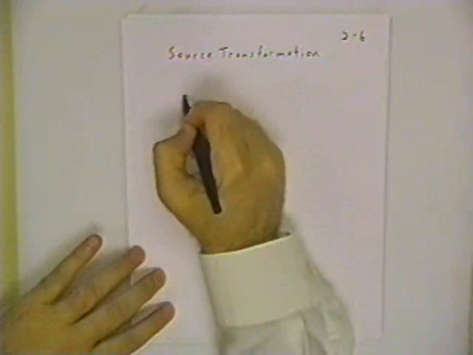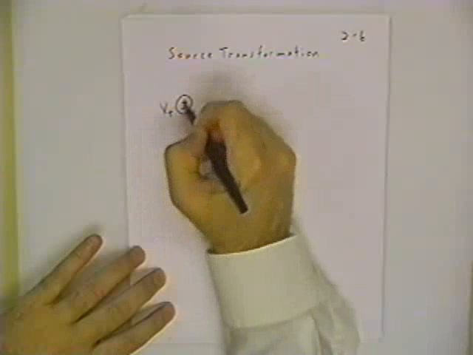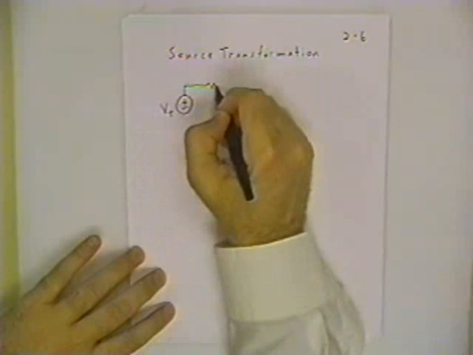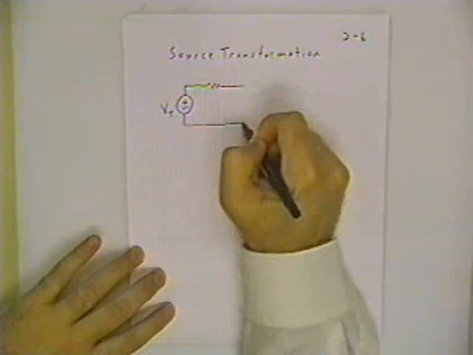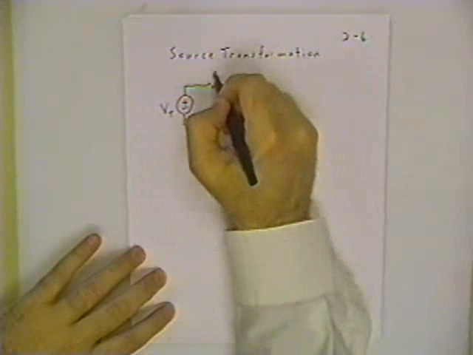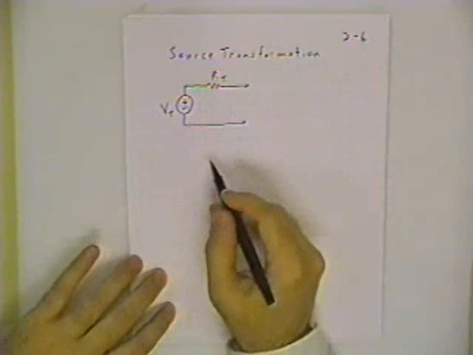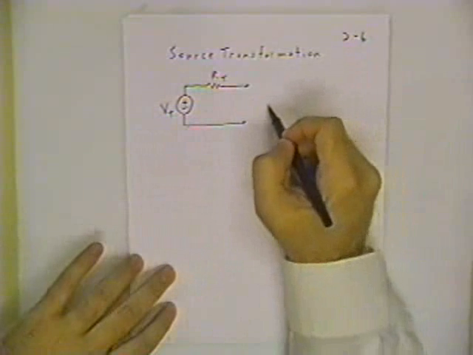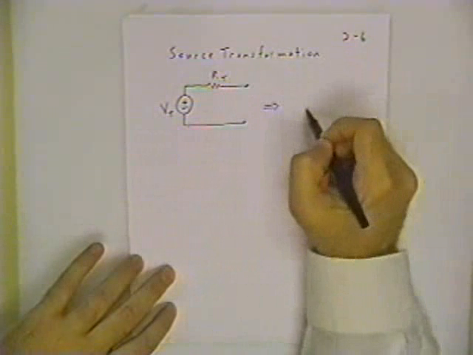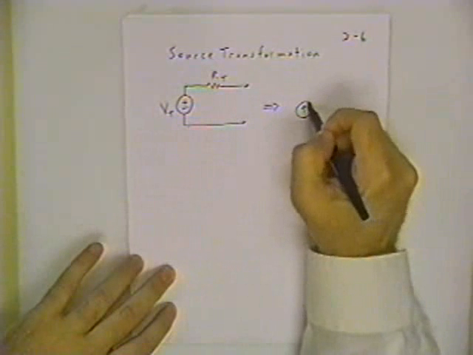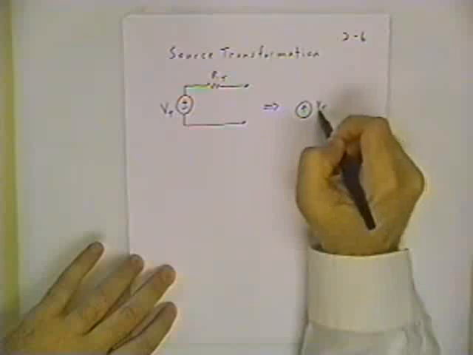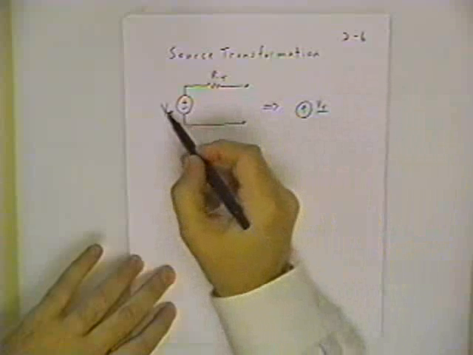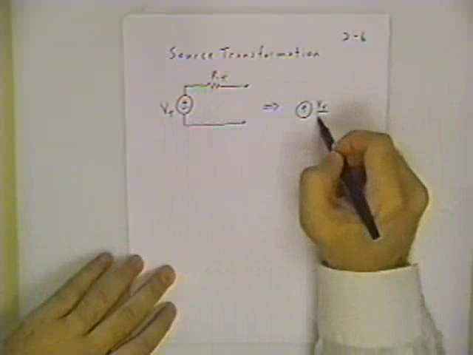So if I already know VT and RT, and I want to transform that into a Norton equivalent, then the current source here is just going to be, in amps, you know that would have to be volts divided by ohms.